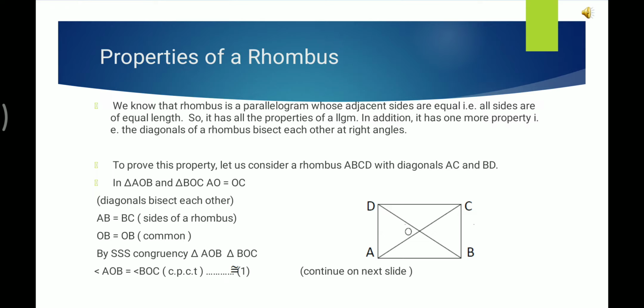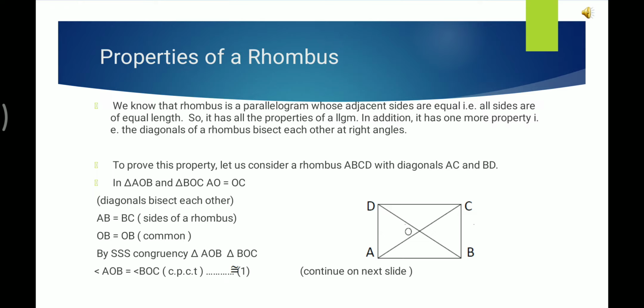Number two property which parallelogram has, that is, opposite angles are equal. So in rhombus also opposite angles are equal. Number third property which parallelogram has, that is, diagonals bisect each other. So in rhombus also diagonals bisect each other.